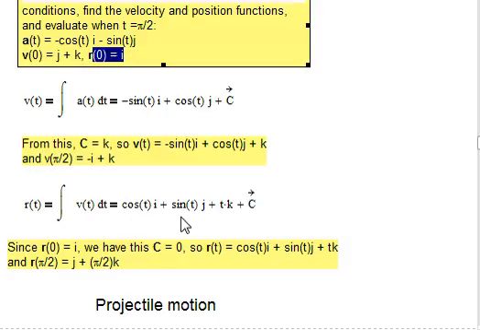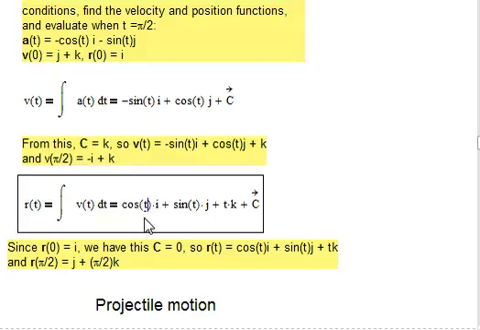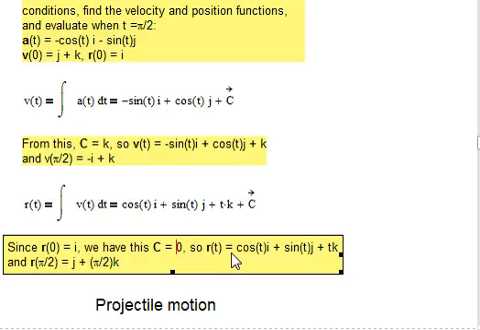So if we were to replace t with 0, then this would be 1 times i, this would be 0 times j, and this would be 0 times k. So since r of 0 is i, our constant vector is just the 0 vector.